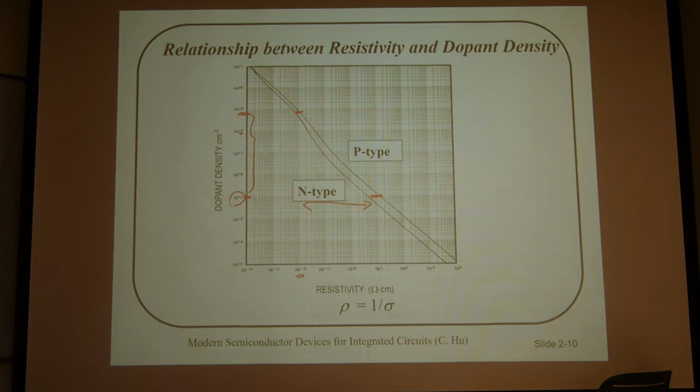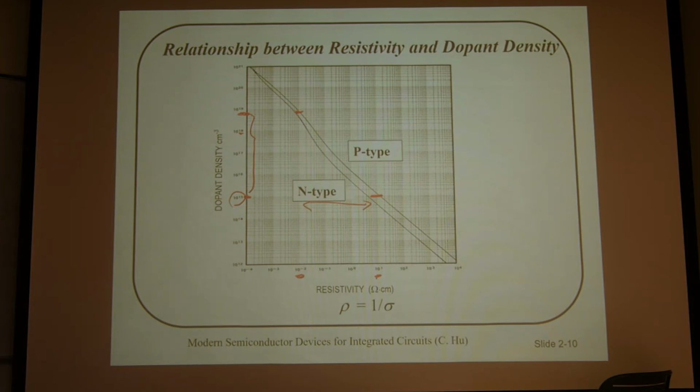So this is 10 to the minus 2 to 10 ohm centimeter. So you can see there are like 3 orders of magnitude change in the resistivity. And by tuning the dopant density, you can tune the resistivity of the silicon.